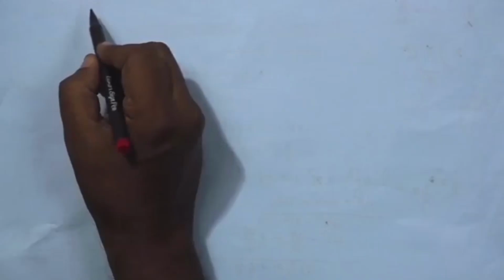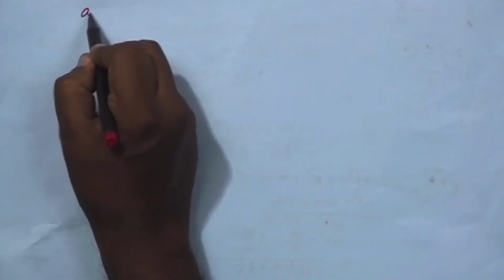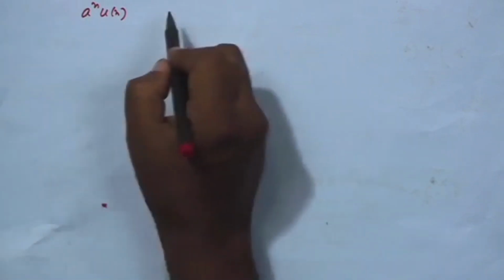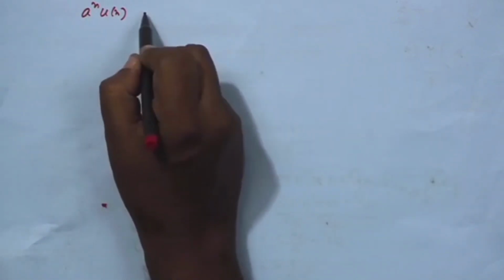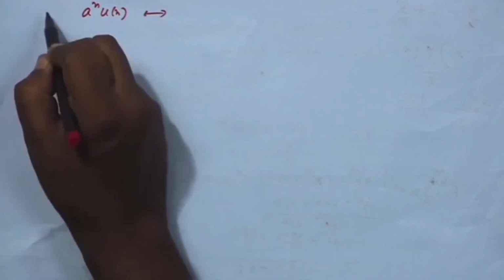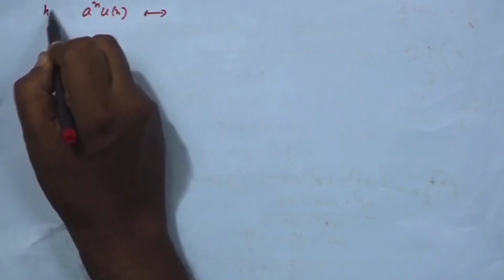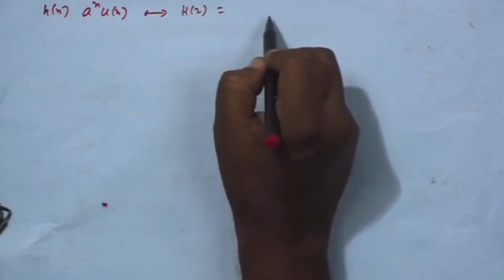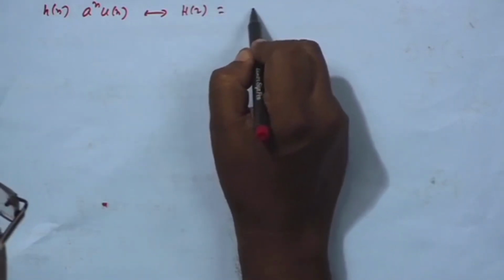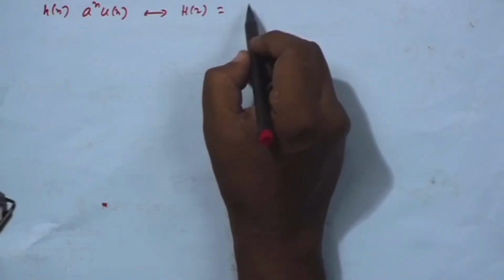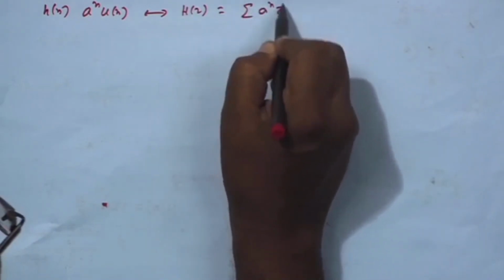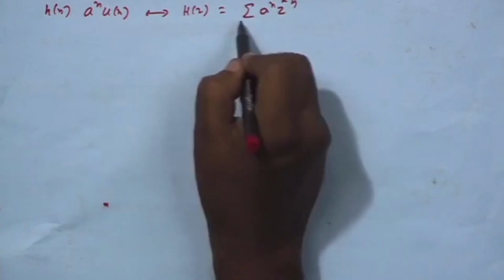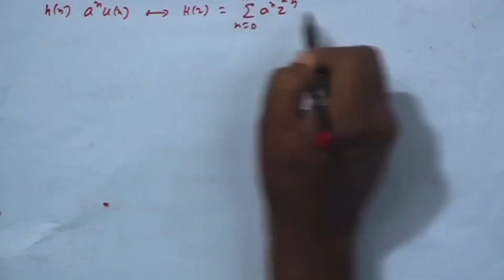Suppose I give you a to the power n u n, a right sided sequence. Okay, if you call it h n, its Z transform will be what? Outside a circle, and we know it is the summation of a to the power n z to the power minus n u n, from n equal to 0 to infinity.